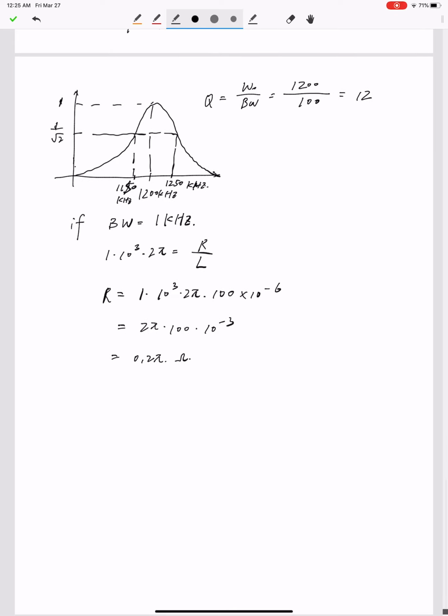Alright, after we find the resistance, we can do another plot. This time the central frequency is still at 1200 kilohertz. But since the bandwidth is just 1 kilohertz, this time the bandpass filter is going to be very narrow and tall.